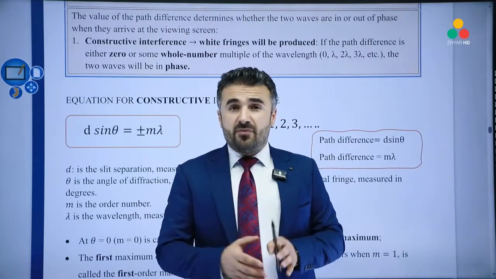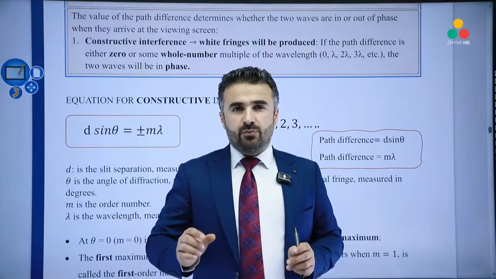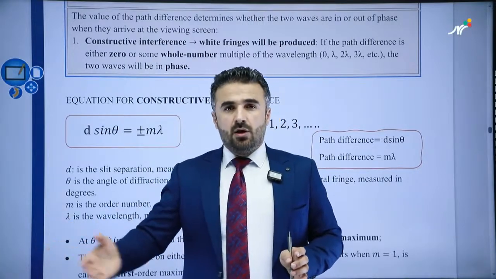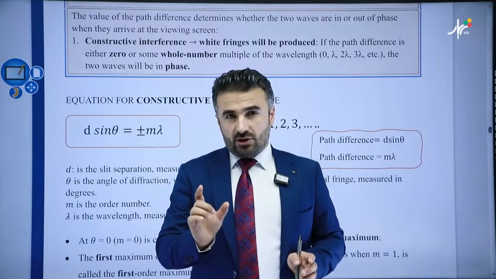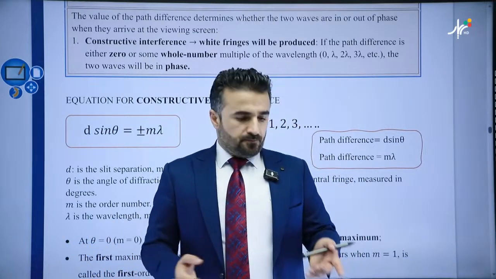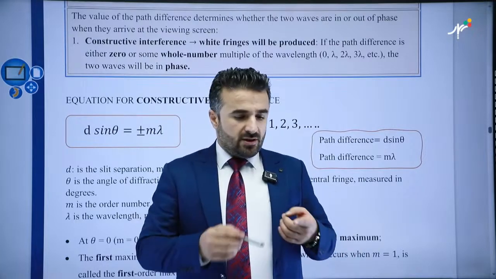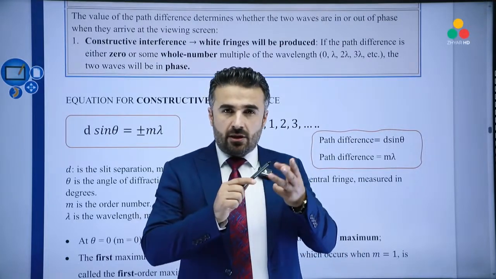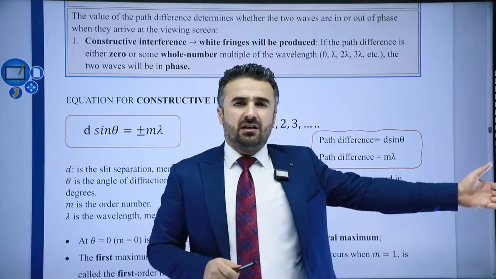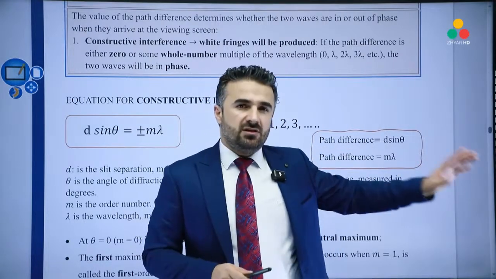We said if the path difference is equal to a whole number, let's say m times lambda, so a whole number times the wavelength, that gives constructive interference. Watch this, we have path difference and phase difference. If the path difference between the two is 1 lambda, 2 lambda, 3 lambda, 4 lambda, as long as it is a whole number multiplied by lambda, that is constructive interference.